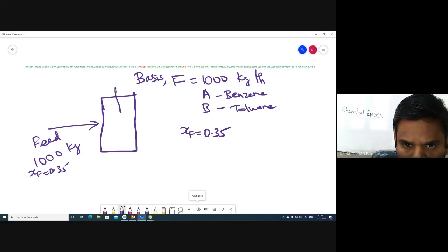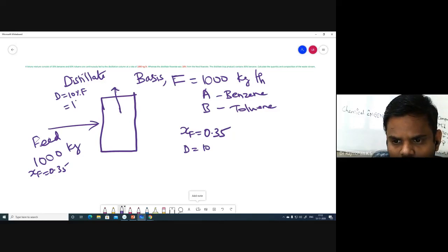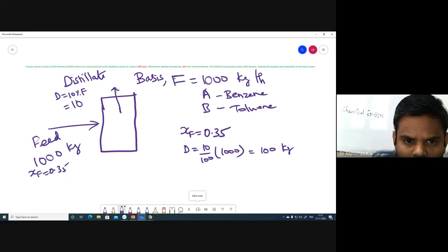So what is our D? D is our distillate, and it is given that D is equal to 10% of F. That is 100, so we have D equal to 100 kg, and the top product contains 85% benzene, it is given.